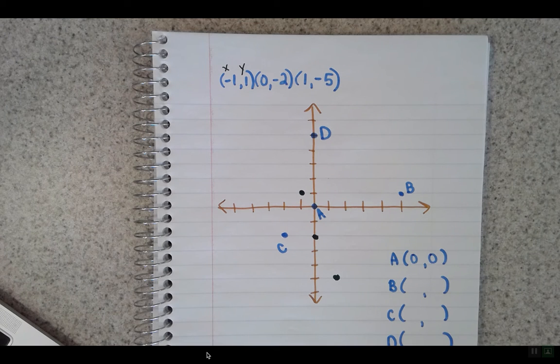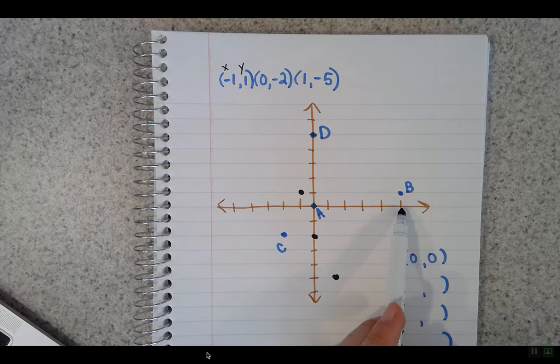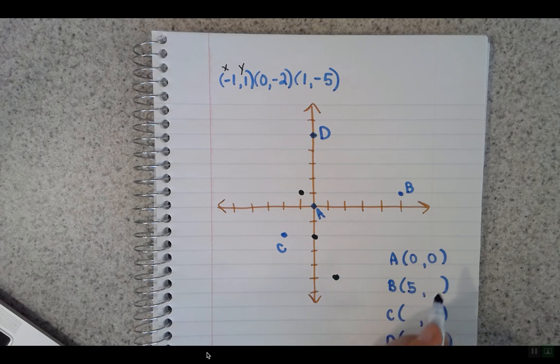Now let's find the coordinates of B. Starting at the origin, it looks like I moved over 1, 2, 3, 4, 5 positive spaces. So my x coordinate is going to be a 5. Then from there, I moved up 1 positive space on the y-axis. So my y coordinate would be a 1.